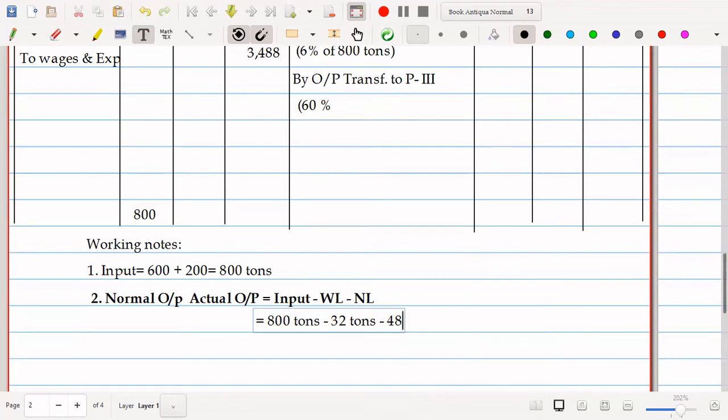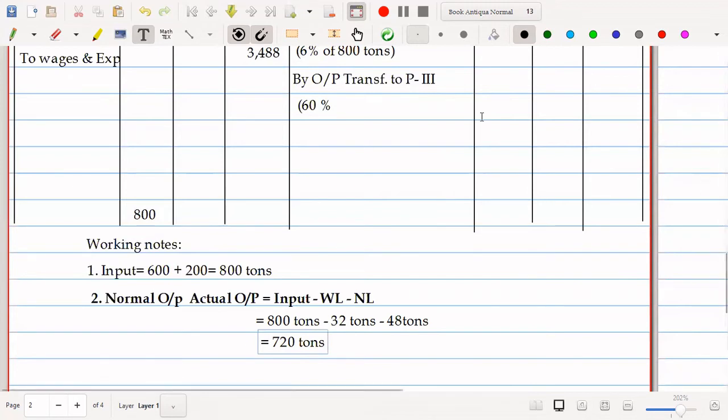That was normal loss, 48 tons. So when we calculate this, it comes to 720 tons. So this is the actual output or normal output.